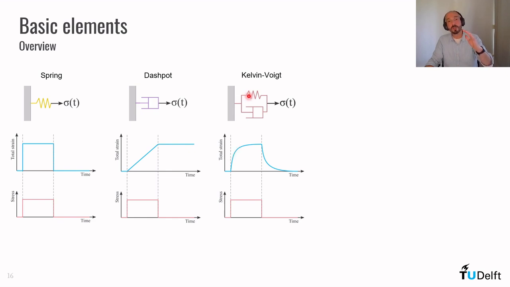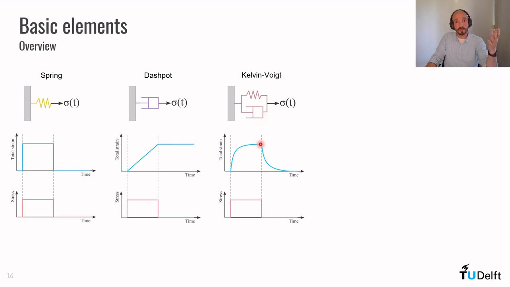And the more we stretch this spring, the higher the stress produced by this spring, the smaller the stress perceived by this dashpot. At a certain point, this spring will be so stretched that it will completely balance the external load, such that the stress perceived by this dashpot is zero.